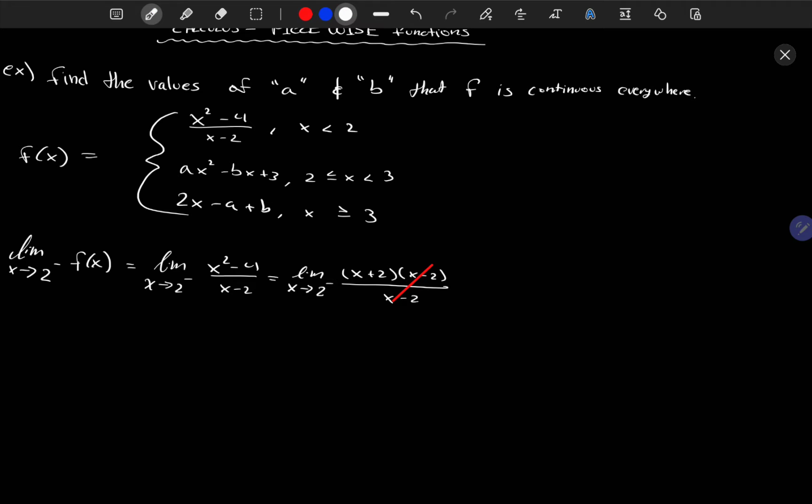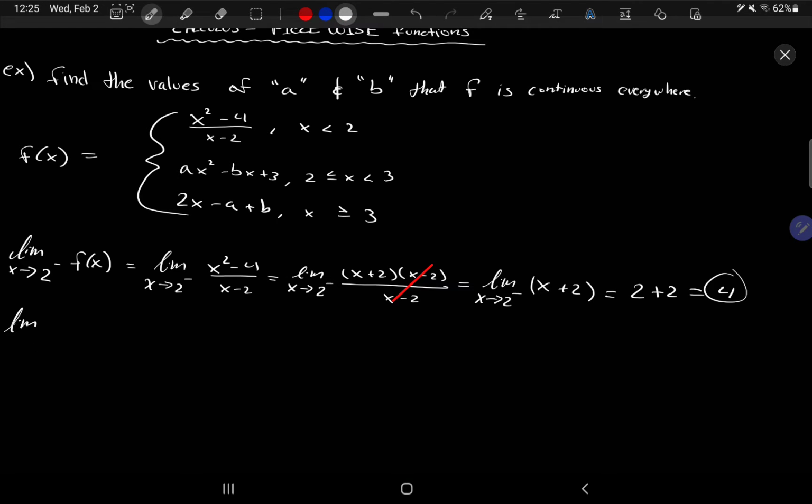And they cancel out, and we have the limit as x approaches 2 from the left of x plus 2, which is 2 plus 2 equals 4. Now remember that we stop writing the limit when we plug in the value. So whenever we start evaluating, we can stop writing the limit. We always want to make sure that you write the limit until then.